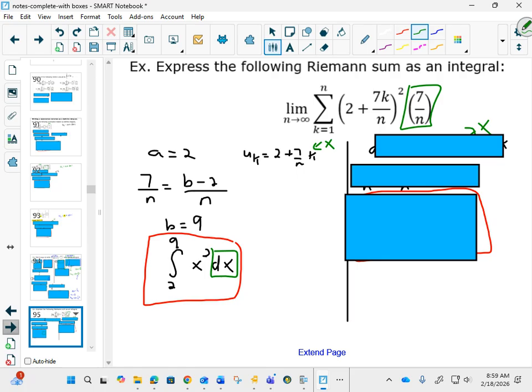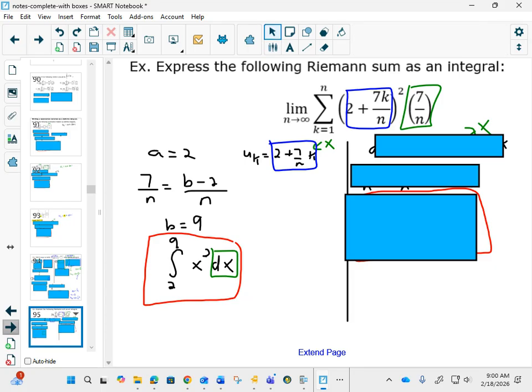And in our summation formula, that's our change in x. So we notice that this blue part all got replaced with the x. The squared stayed. The green part gets replaced in the integration by saying a change of x in the integration formula too. So it's kind of neat to see how those things are connected.